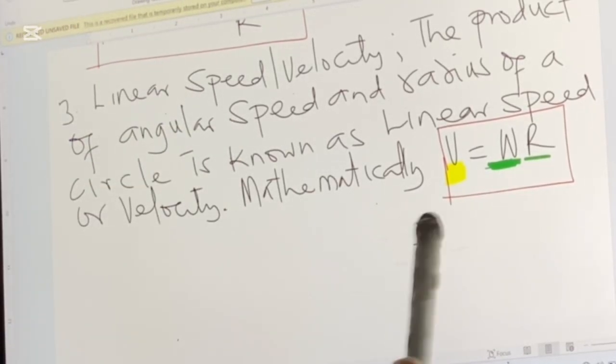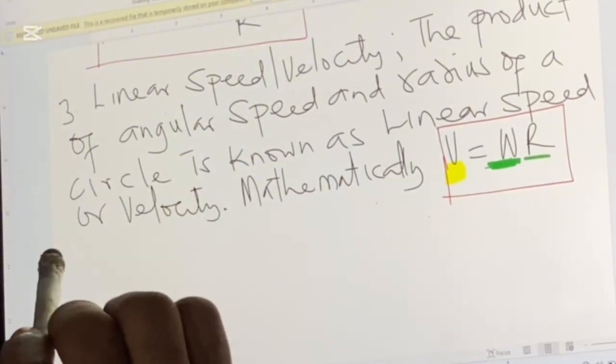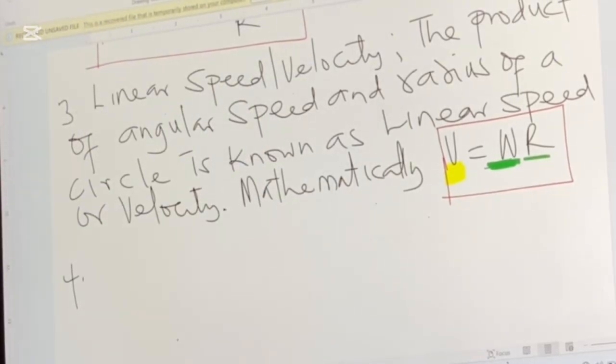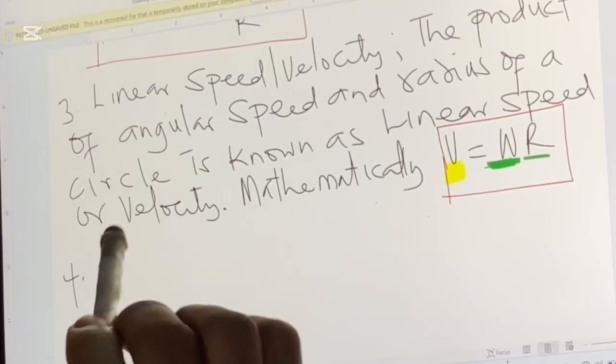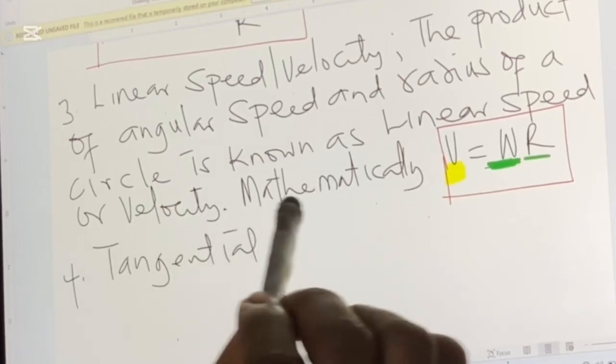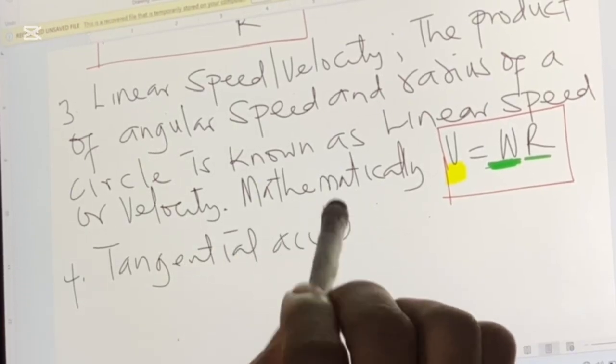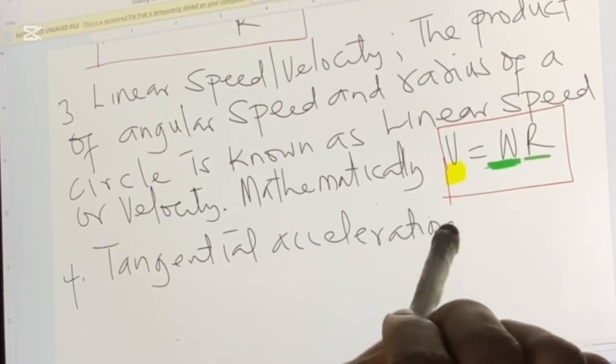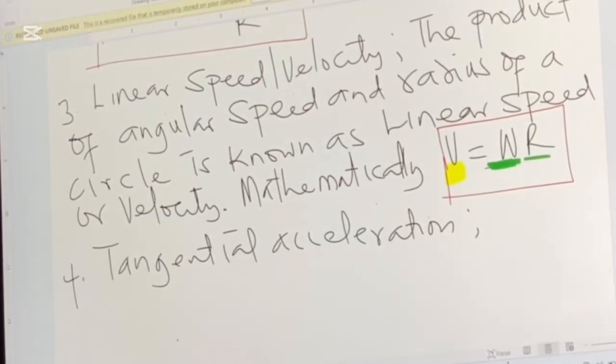So let's take the last formula for circular motion, that is formula 4, tangential acceleration. Tangential acceleration is the change in tangential speed.